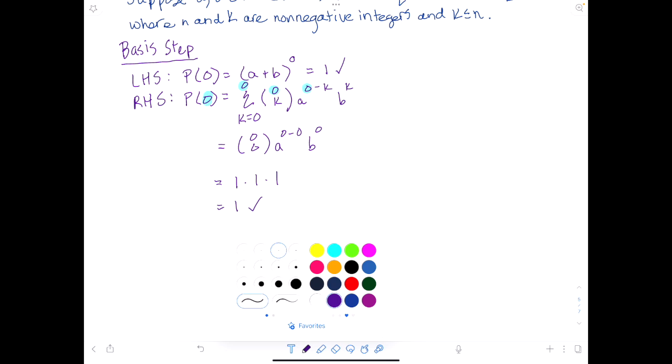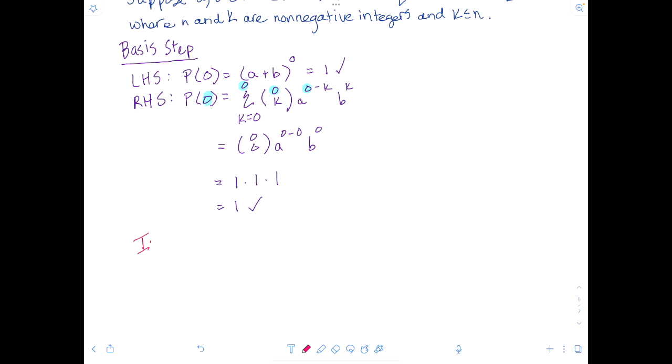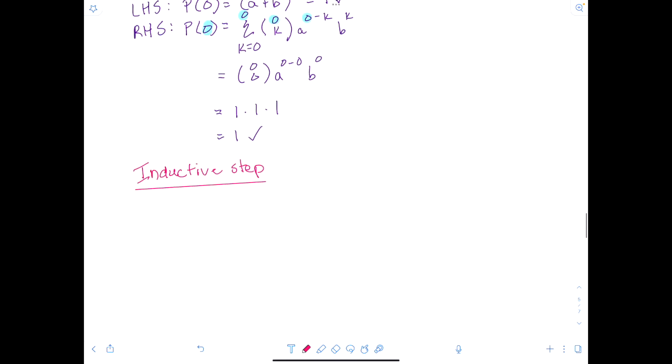So we're going to let m belong to the integers such that m is greater than or equal to 0.